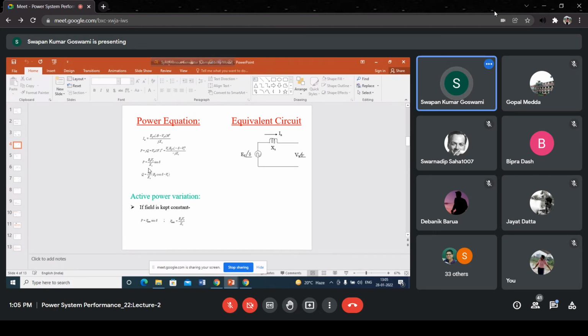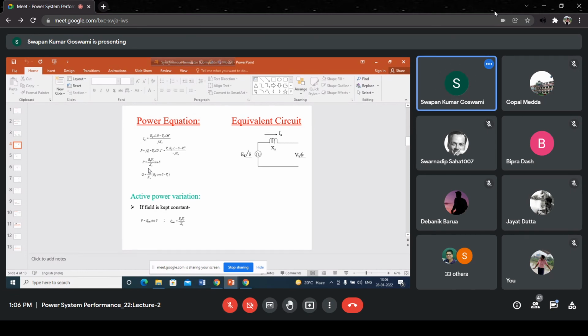So EF is constant, Vt is also constant. Xs, the synchronous reactance, obviously that is also constant because that depends upon the machine. When the machine is designed and constructed, obviously Xs is constant. Okay, so if the field current is kept fixed, then EF Vt by Xs is constant.